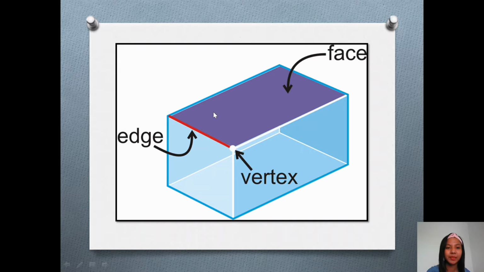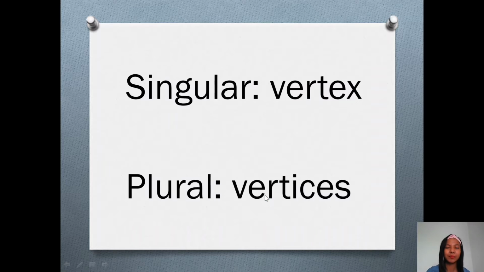By the way, in your English class, you have already learned about singular and plural. You use the word vertex if you refer to only one point in a solid figure.